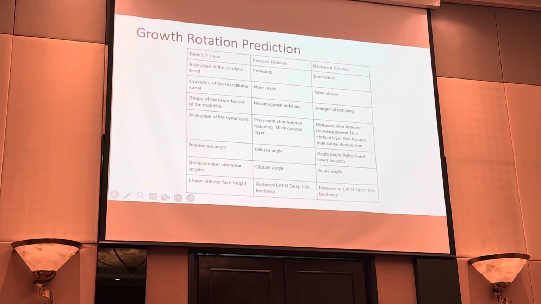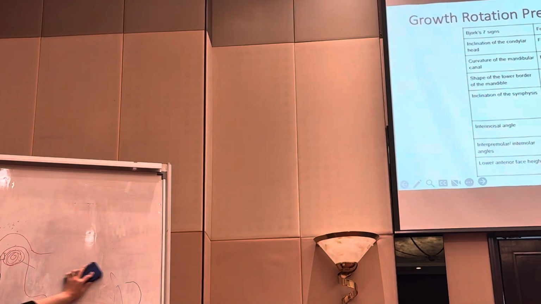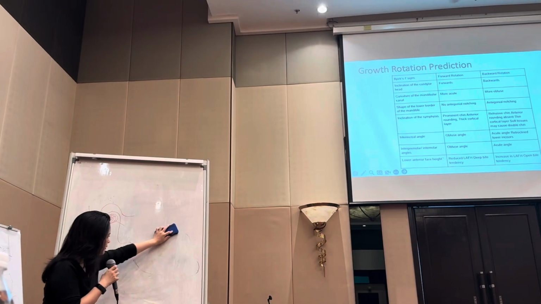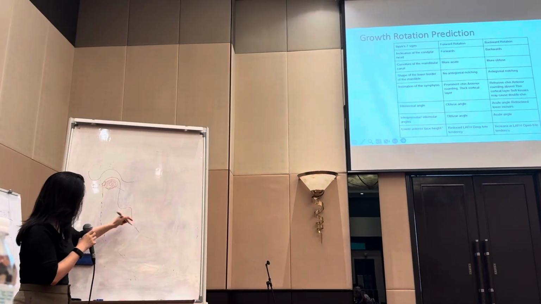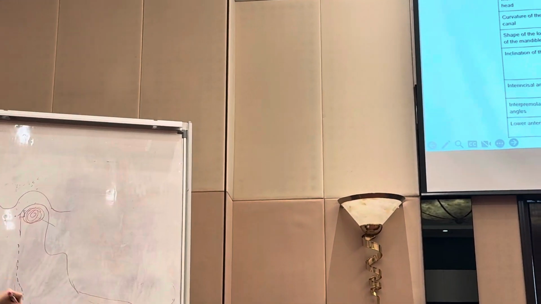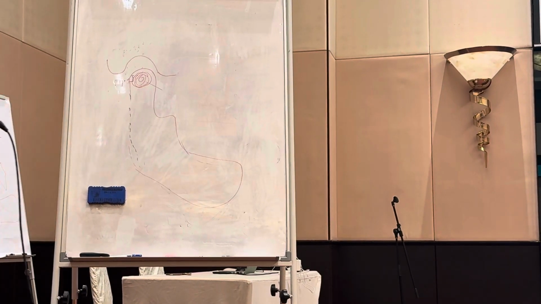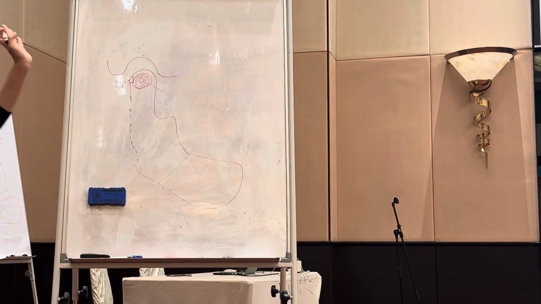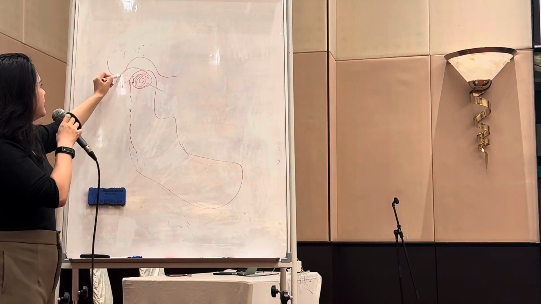Number one will be the inclination of the condylar head. So inclination of the condylar head is 1. If it goes backwards, he says it is a backward rotator. So the condylar head is inclined backwards this way.